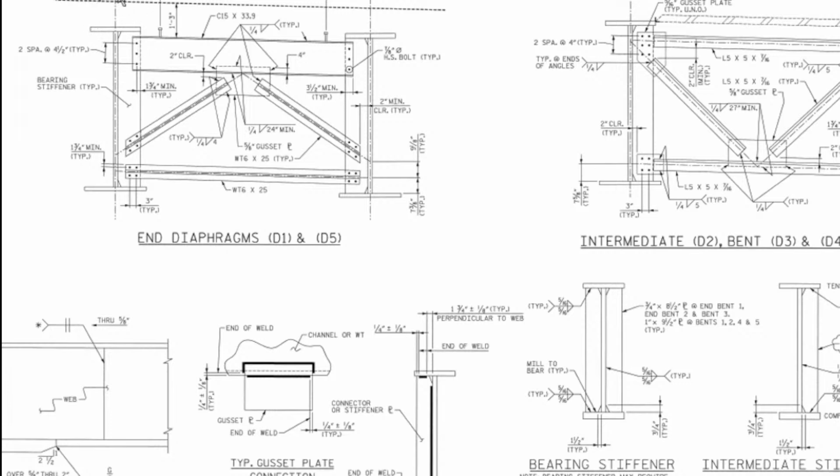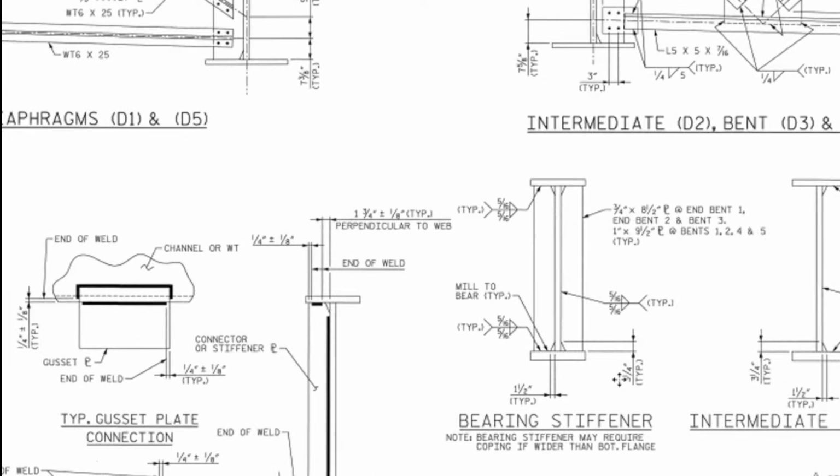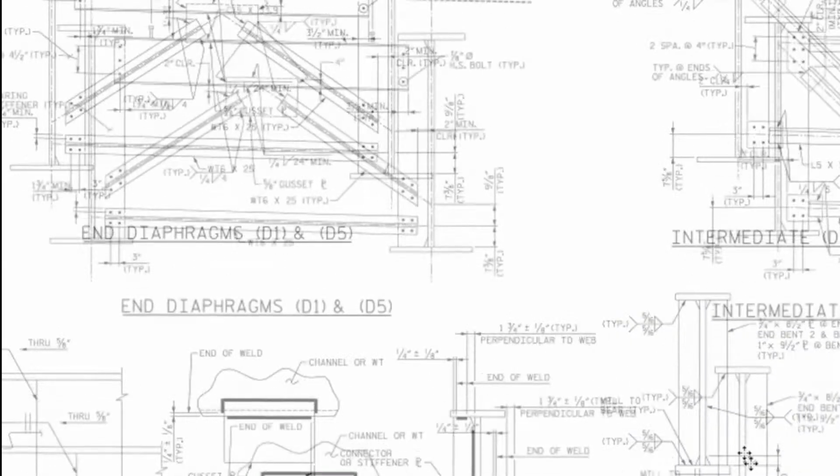So end diaphragms are those diaphragms that we talked about on the previous slide, D1, D2, and D3. These are the details of that. The diagram looks like this. We can increase its size even more.